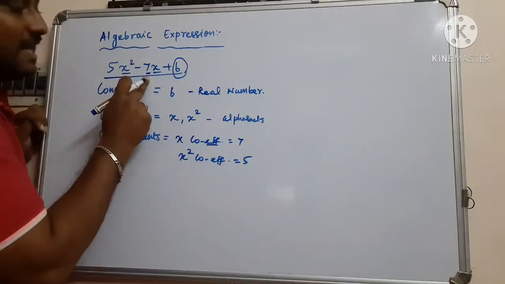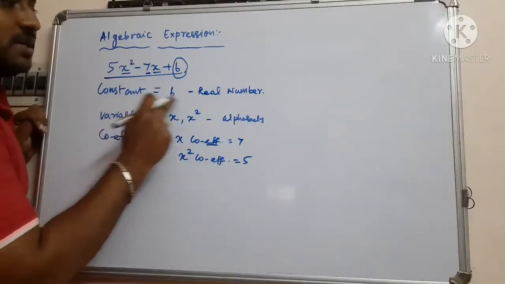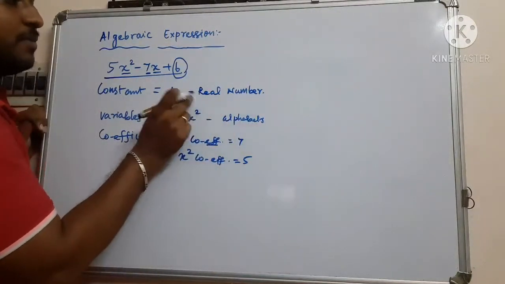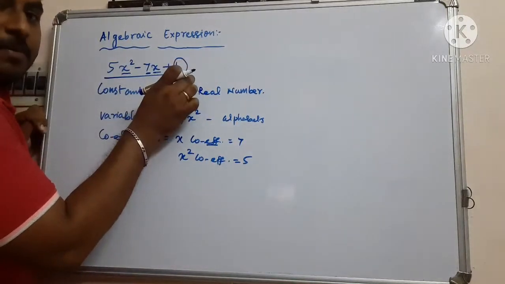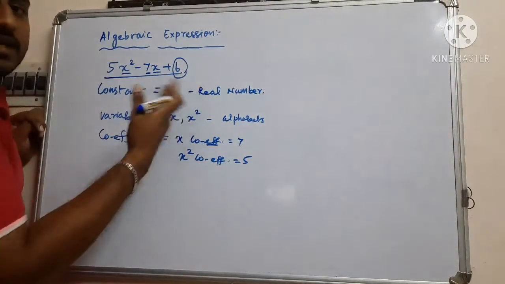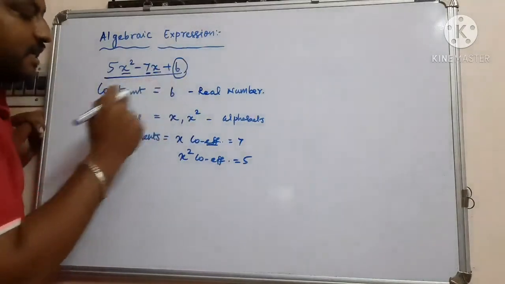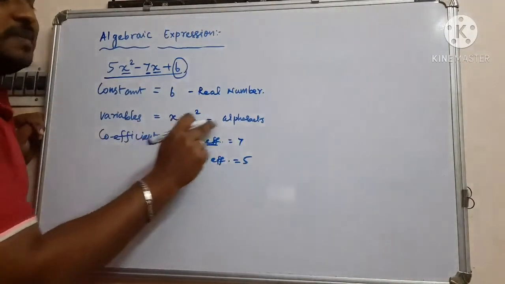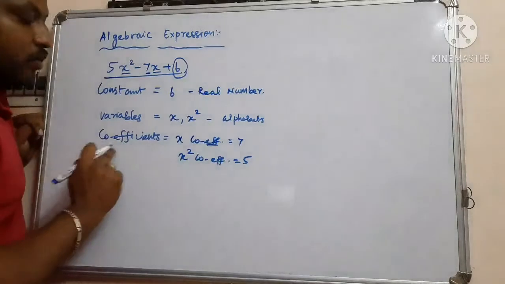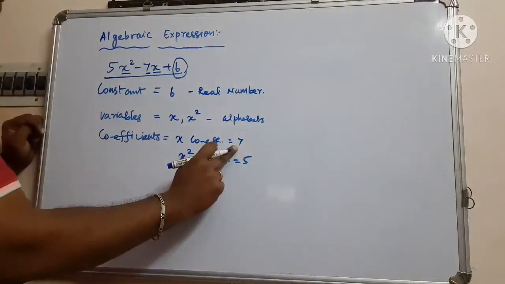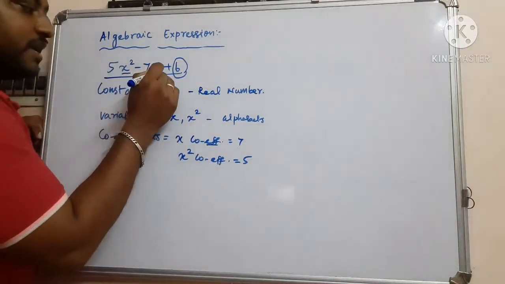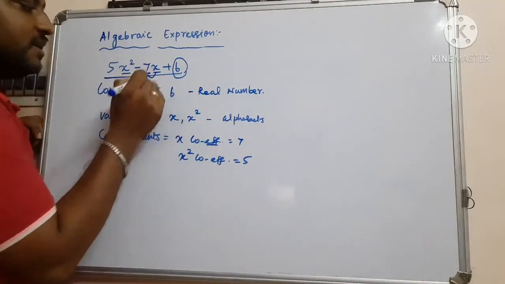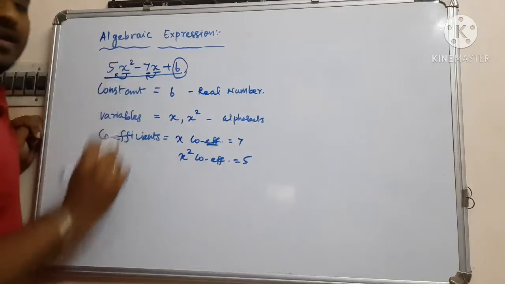Coefficient must be a real number, and also the constant term is a real number. Real number means the constant term must be a number. It can be any number, plus number or a minus number or a fraction or a root number. Any number is taken as a constant. Variables must be taken as alphabets, and the number before that variable is called the coefficient value.